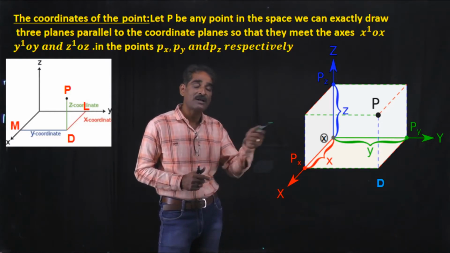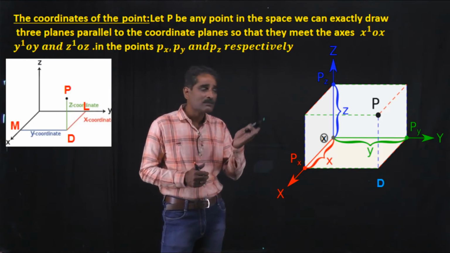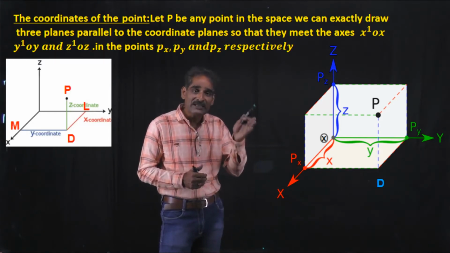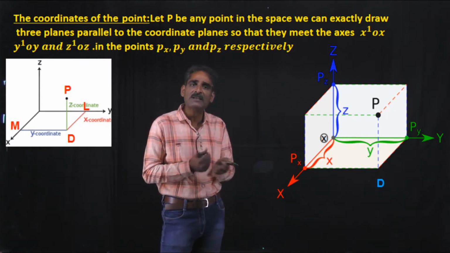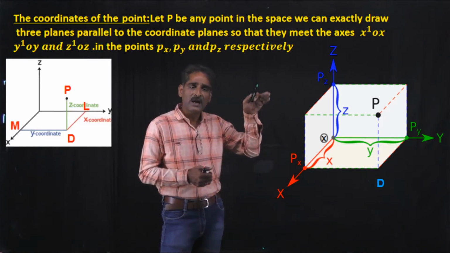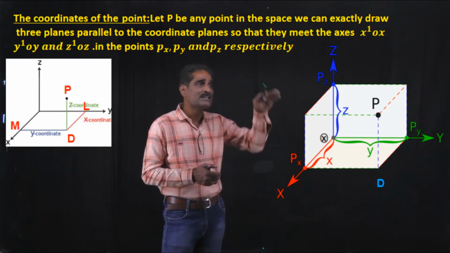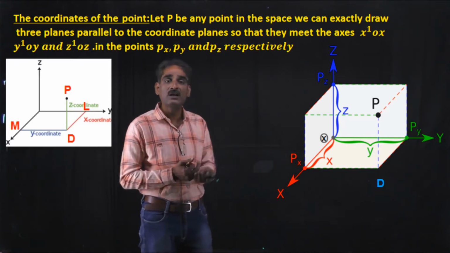The length from the origin to Py is called the y coordinate. If you draw a plane passing through P and parallel to yz, it intersects the x-axis at Px. The length from O to Px is nothing but the x coordinate. Similarly, draw a plane passing through P and parallel to the xy plane; it intersects the z-axis at Pz. The distance from O to Pz is called the z coordinate.